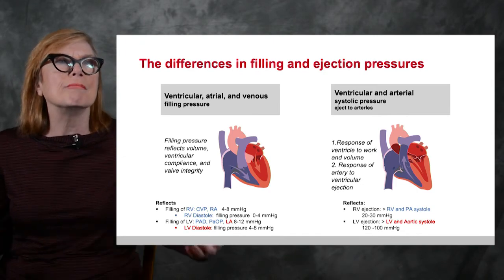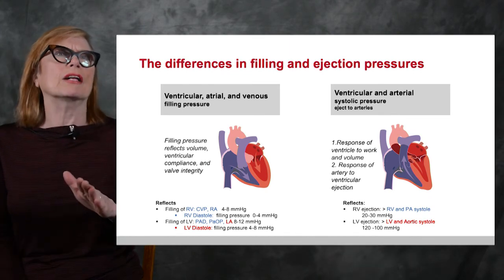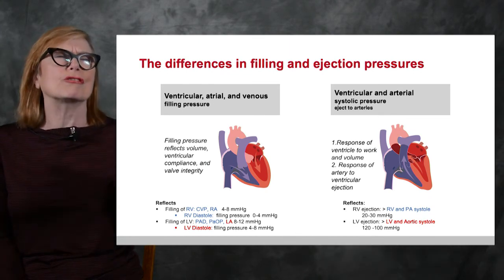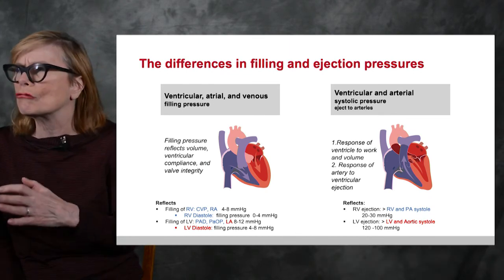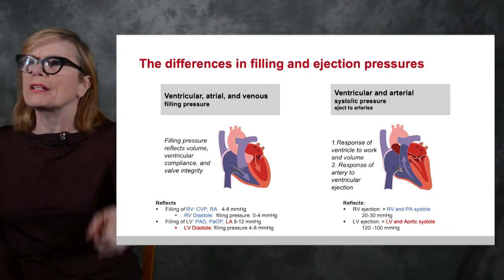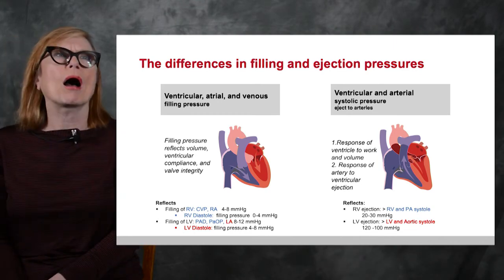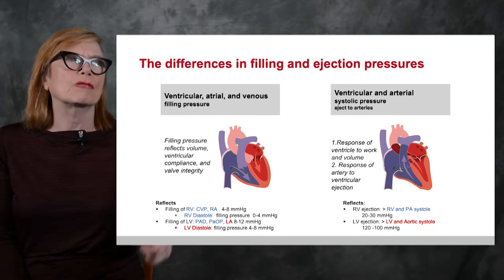This gives us tremendous insight, even if we don't have any methodology to monitor the pressures that are generated, just tremendous insight into evaluating when someone's urine output is going down and their pulmonary bed is getting wet. That problem is about the left ventricle.